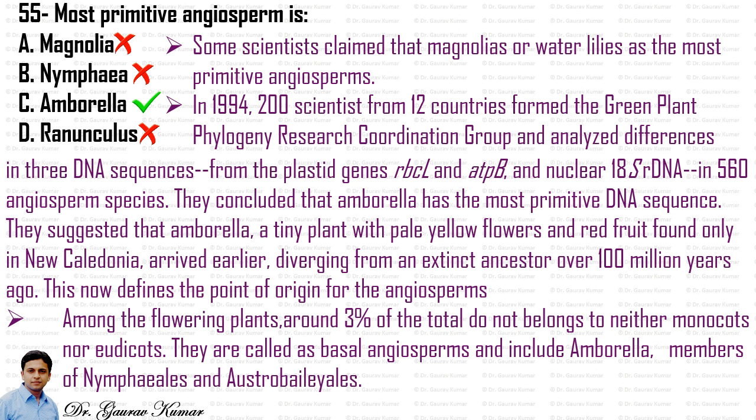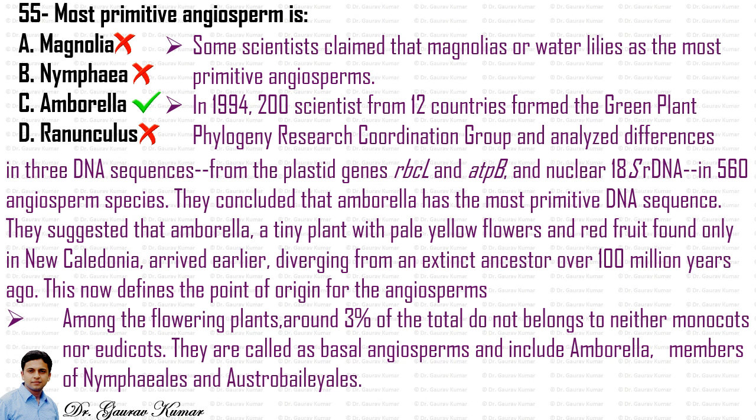They suggested that Amborella, a tiny plant with pale yellow flowers and red fruit found only in New Caledonia, arrived earlier than any other plant, diverging from an extinct ancestor over 100 million years ago. This now defines the point of origin for the angiosperms.